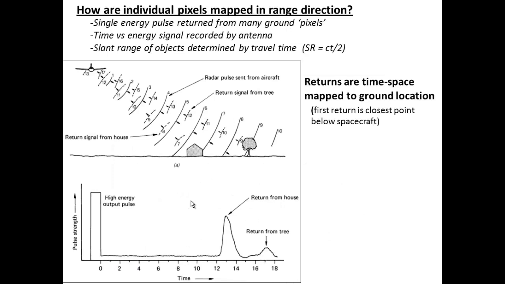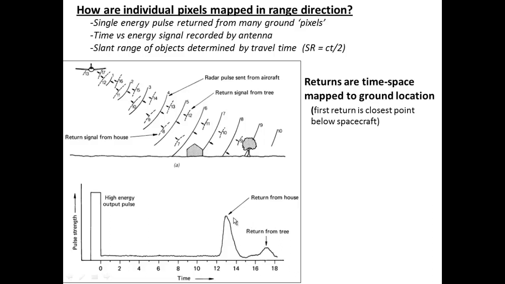So a couple other points about how radar data is collected. Radar images are collected using what's called a time for space transformation. Basically, the radar sends out a single initial pulse and then measures returning energy as a function of time. So in this example, all the radar antenna knows is that the first return came back at about 13 seconds, the second return came back at about 17 seconds.